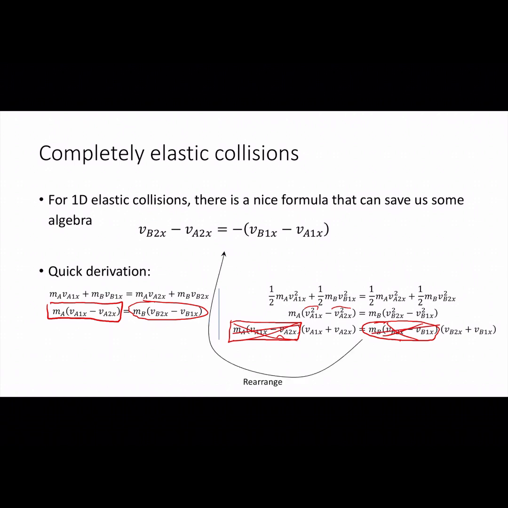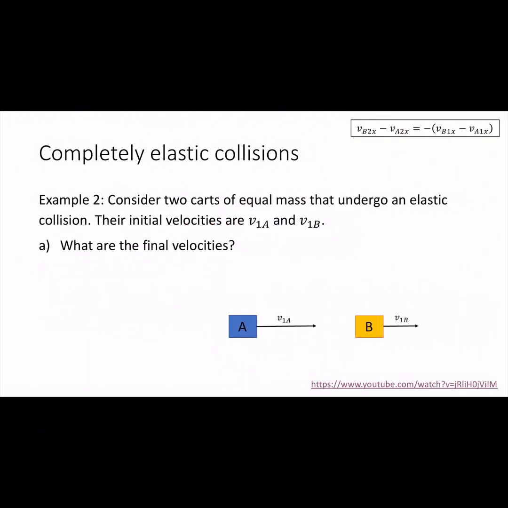And when I do that, I get VA1X plus VA2X is equal to VB2X plus VB1X. I can rearrange that. It is the formula that I've written. So here, the relative velocities, that's velocity of B minus velocity of A final, is opposite the relative velocity initial, VB1X minus VA1X.